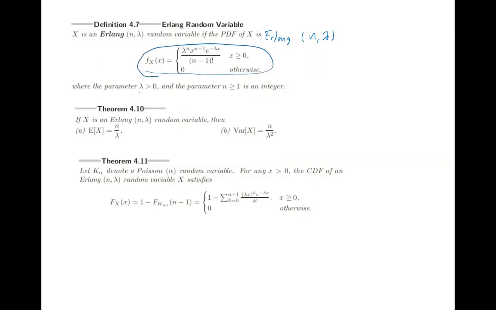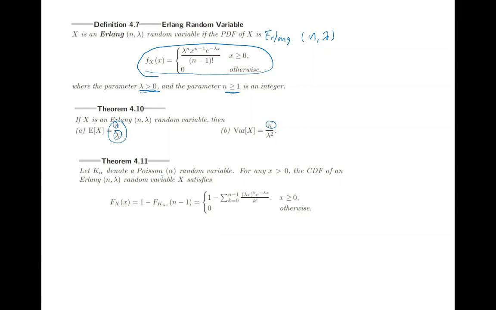It's a little bit complicated. Here lambda is a positive number and n is an integer starting from 1. For an Erlang random variable, the expected value is given in terms of n and lambda, and the variance is given in terms of n and lambda again.